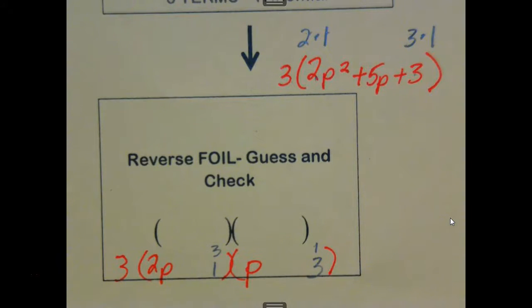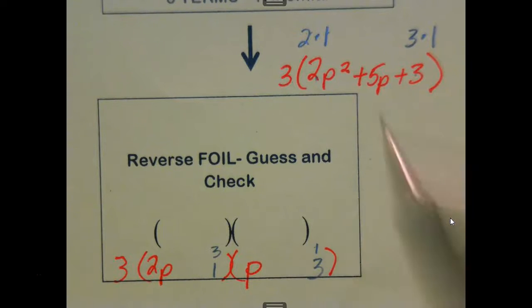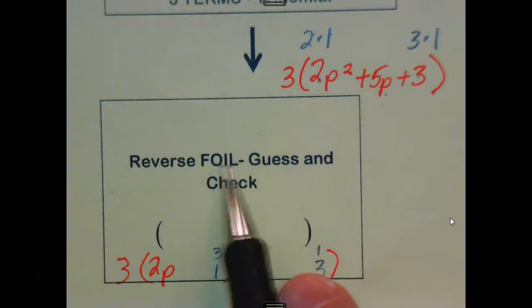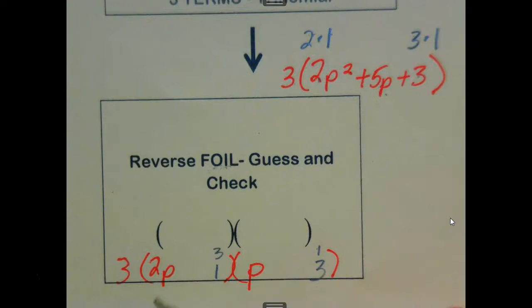Rachel. Well, don't forget, in FOIL, that 5p is made up of 2 terms. It's the outer and the inner, and you add those together, that's what gives me my 5p.